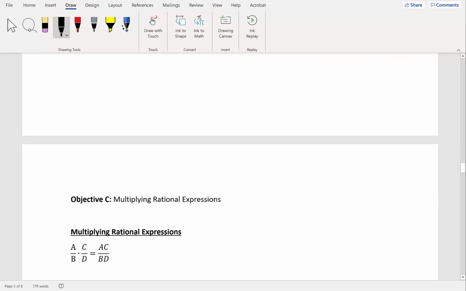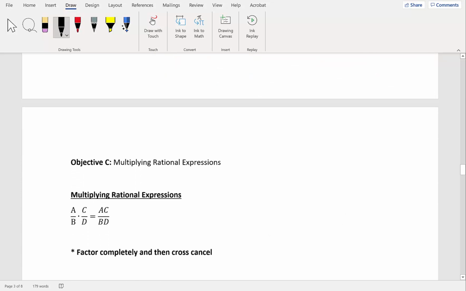Next, we take a look at multiplying rational expressions. So when we're multiplying rational expressions, if you have a over b times c over d, you just multiply straight across. But then there was another way that we saw for multiplying fractions. Let's say you have, for example, 2 over 3 times 6 over 7.